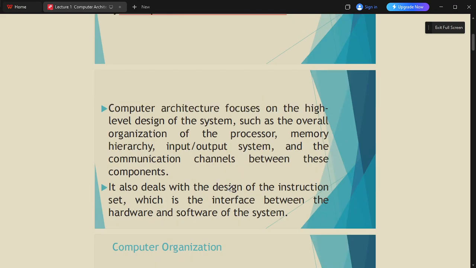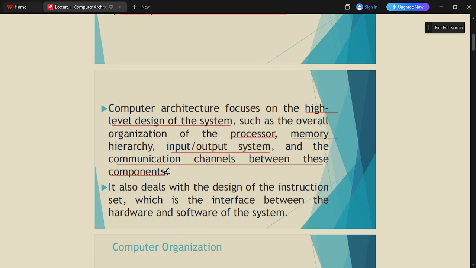Moving on to the next point, which says computer architecture focuses on high-level design of systems such as the overall organization of a processor, the memory hierarchy, the input and output systems, and the communication channels between these components. In this point, they're trying to explain how the entire computer is organized, not just the parts, but how they all work together.